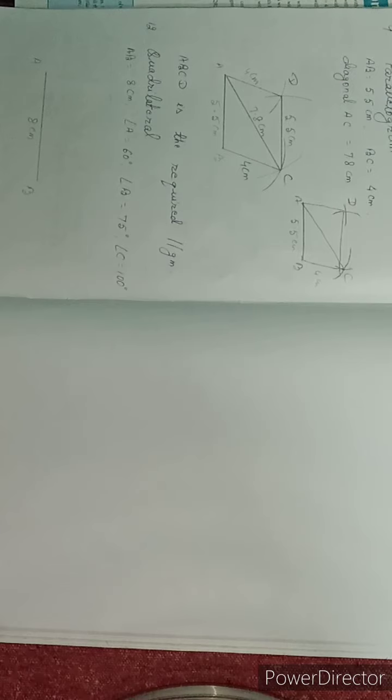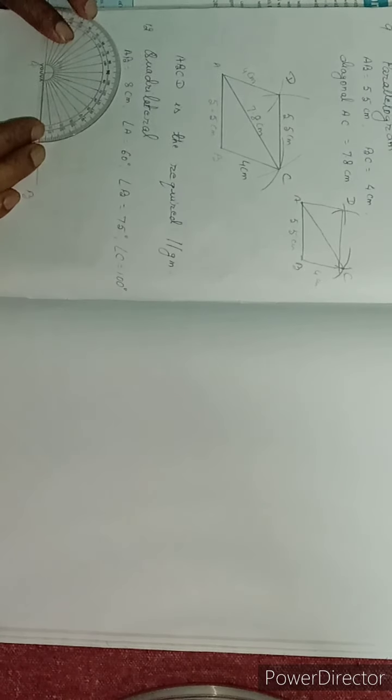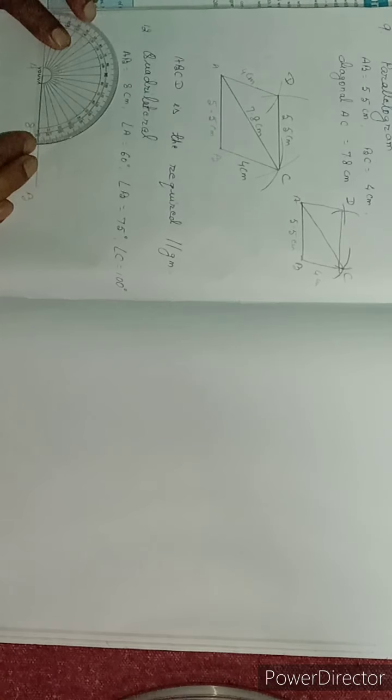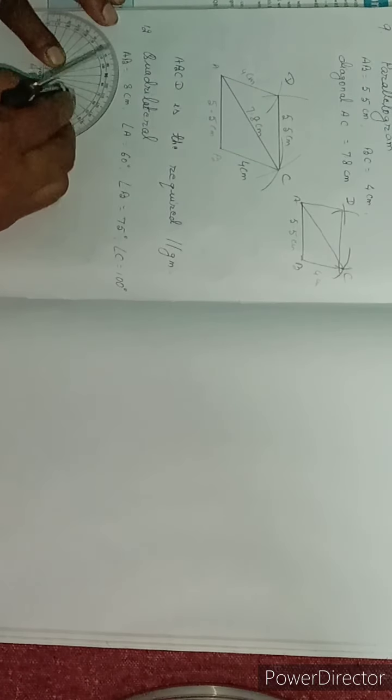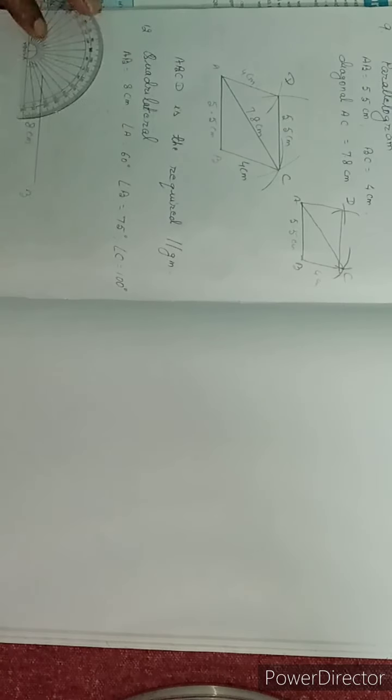Now at point A we are asked to construct 60 degree. So we take 60 degree on the inner scale and we mark it.